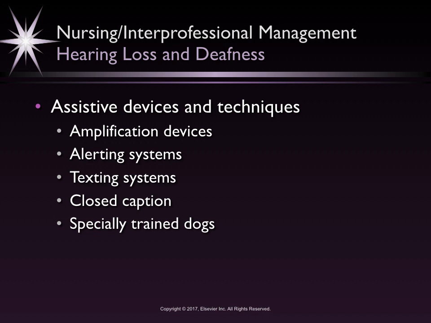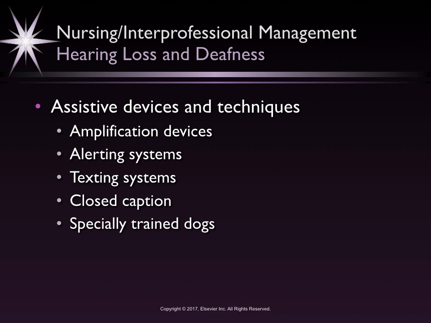There may be alerting systems like a light that flashes when the doorbell rings, or a light on the phone that tells somebody. Of course, a lot of us on our cell phones have vibration on, so that maybe we don't have the sound up, but we get the vibration that tells us we're getting a phone call. Somebody who's deaf may have something similar.